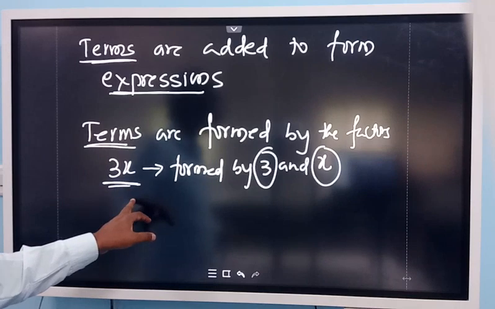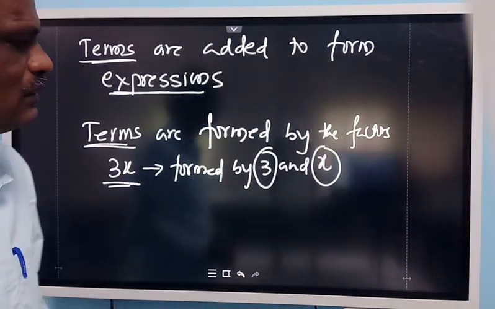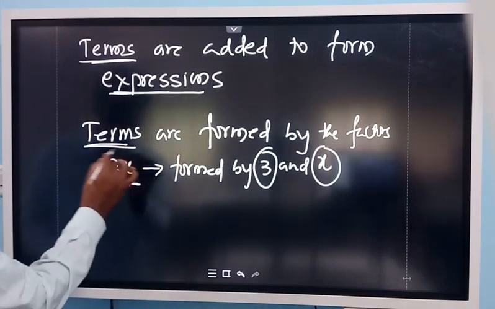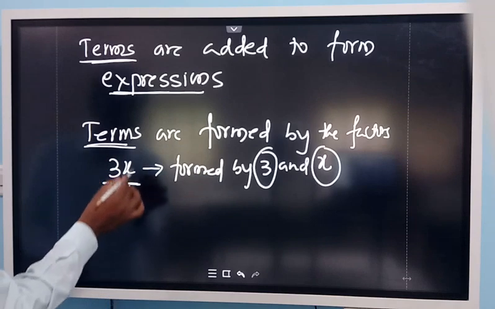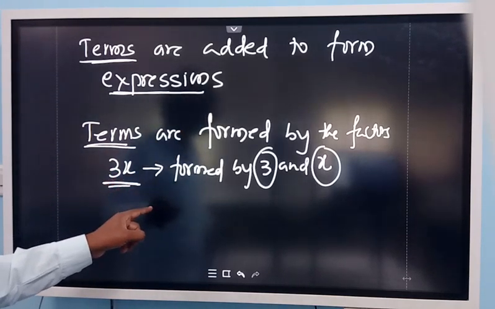See, here we have an example 3x. This is formed by 3 and x. Now in this we can find out this 3x is a term. In this we have the number 3, which is multiplied to x.